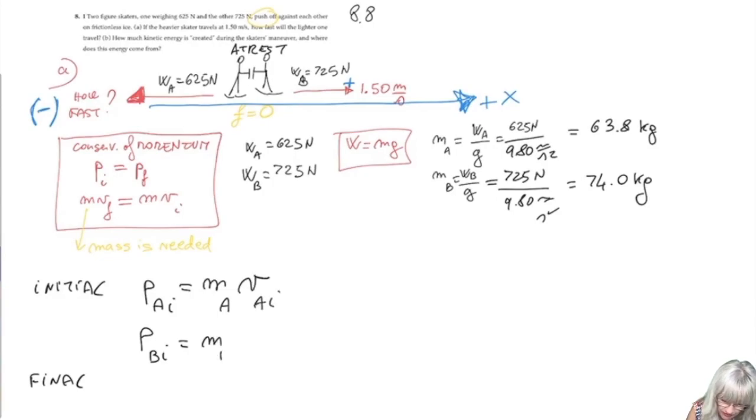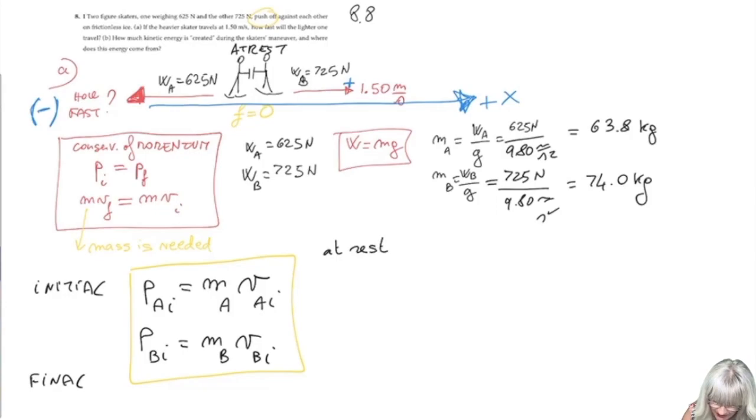Initially, body mass B, velocity of B initial. This is a good practice, a good methodology. But in our case, since these two skaters are at rest, the initial velocity is 0. So I know that this is equal to 0 and also this one equal to 0.